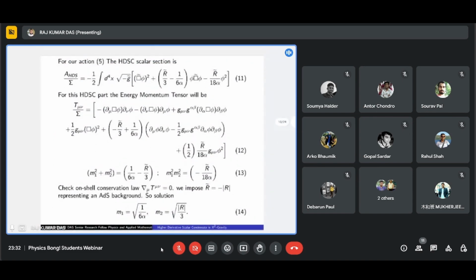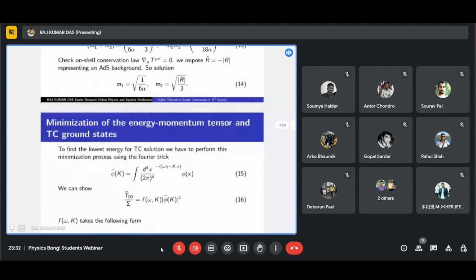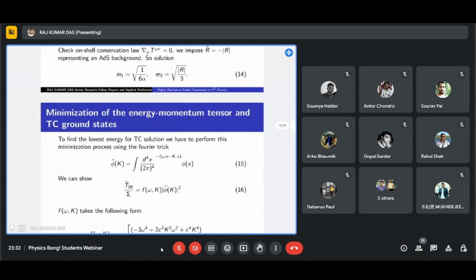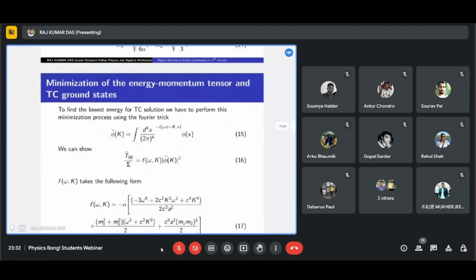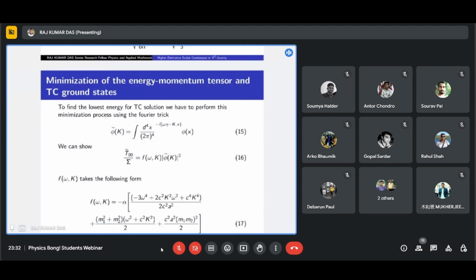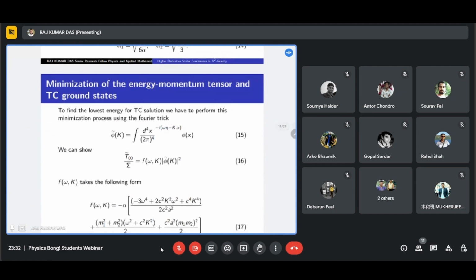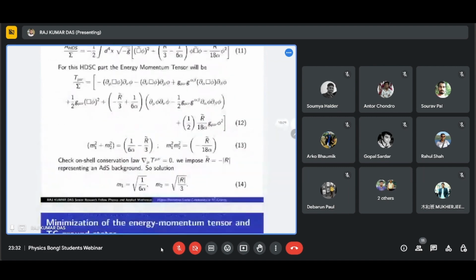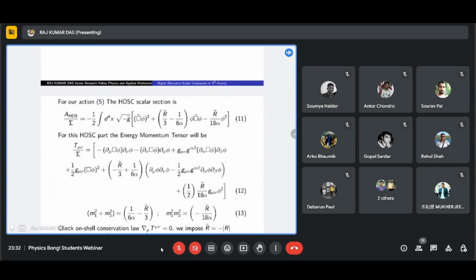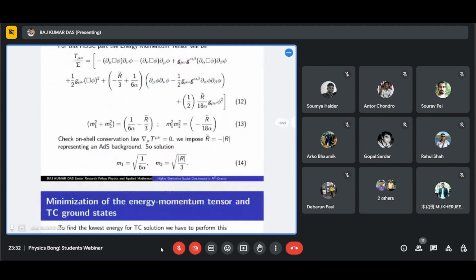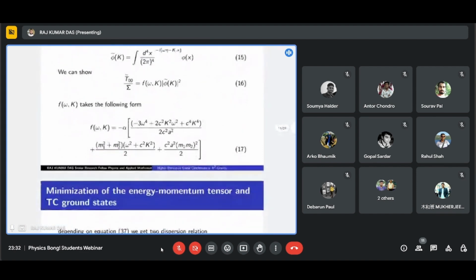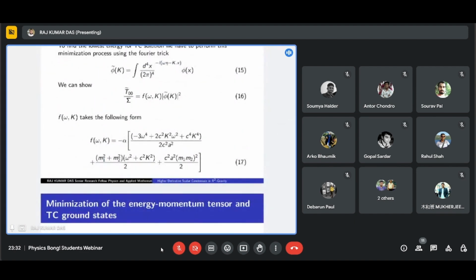If we convert phi of x to phi of k, we get a simple function, T00 or T_mu_nu, as a function of this. There is phi k squared, box phi squared, and also a phi and box phi term, which on Fourier transform is converted to 0. So you get simply this kind of function.